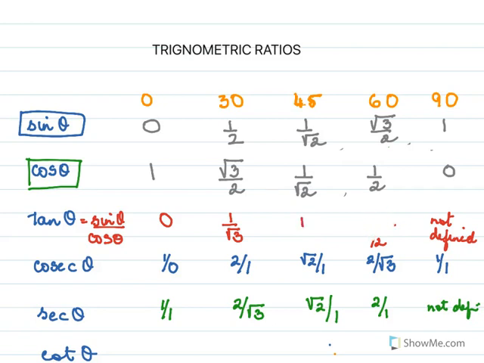This division, if you do, you'll get root 3. Now when we want to find cot, it's the reciprocal of tan. So here tan of 0 is 0, so you'll get 1 by 0, and 1 by 0 is not defined. So you write here not defined.